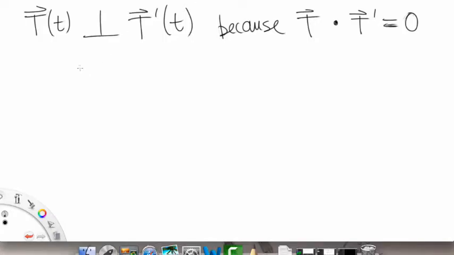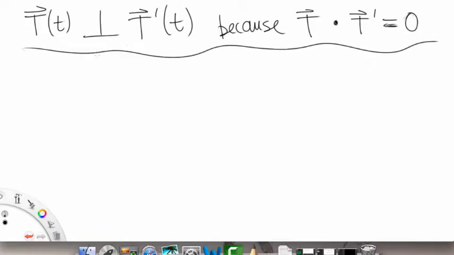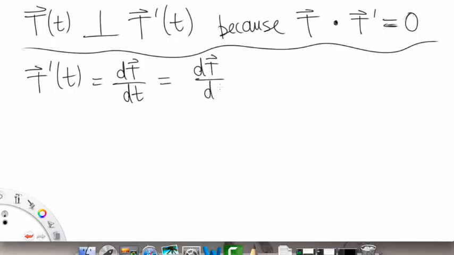Another thing that's important to know is that T prime, the derivative of the tangent vector with respect to t, is equal to dT/dt, which is equal to dT/ds times ds/dt, because then you can cancel out those ds's and get back what we had on the left.